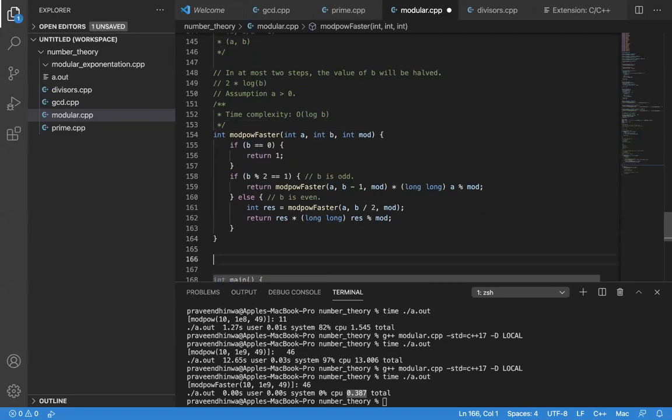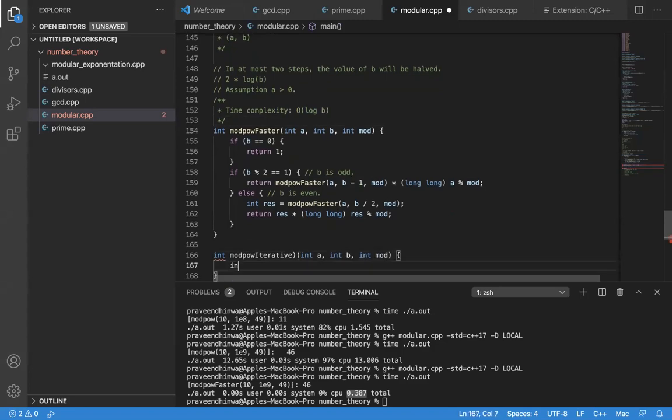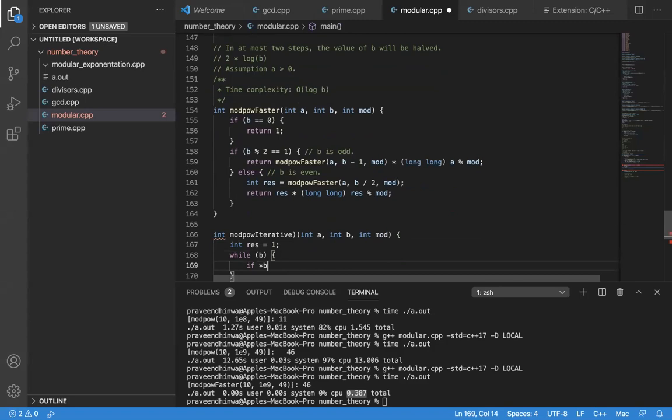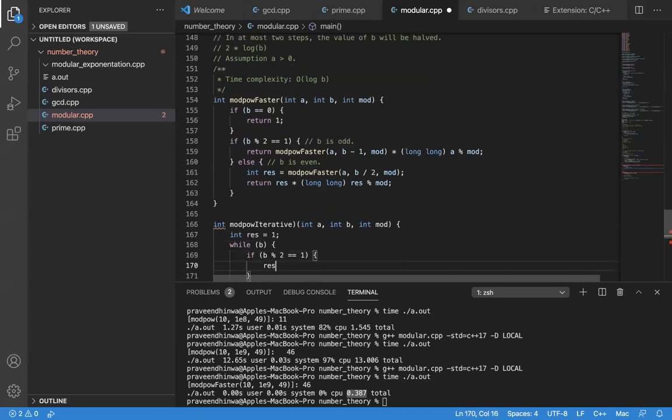The same program you can write without recursion, in an iterative manner as well. Let me write this. Mod power iterative, int a, b, mod. Range is equal to 1. While b: if b is odd, we multiply range by a.